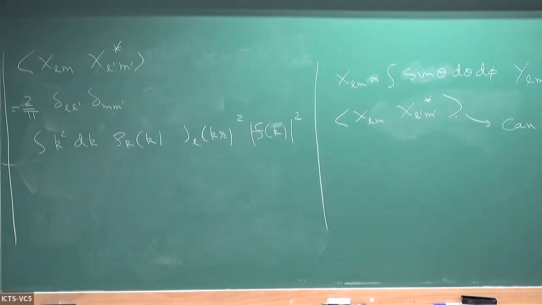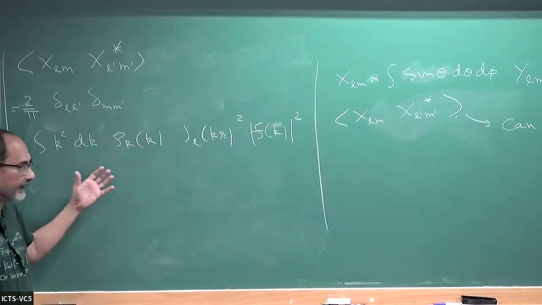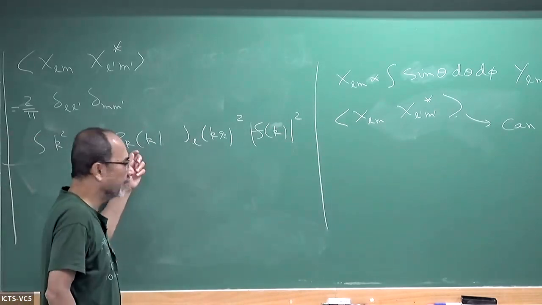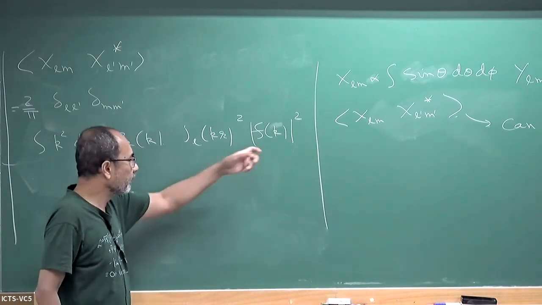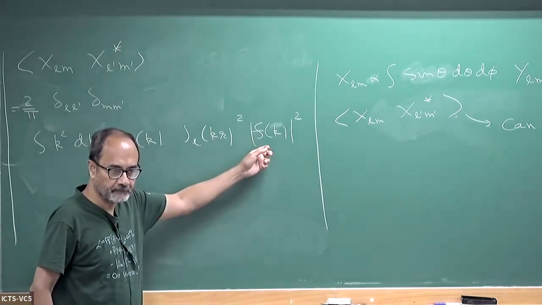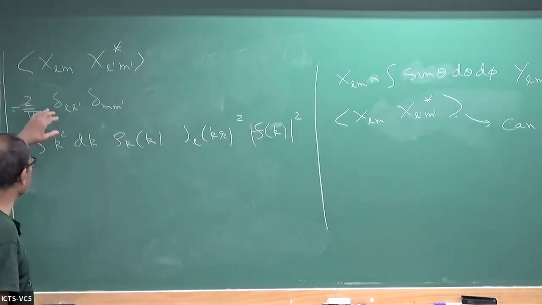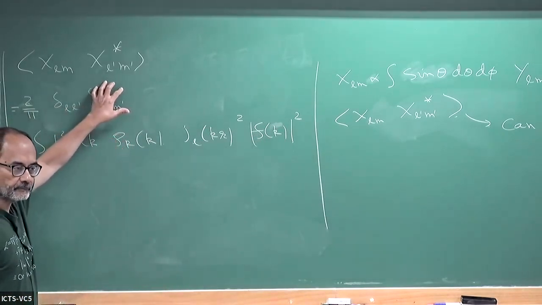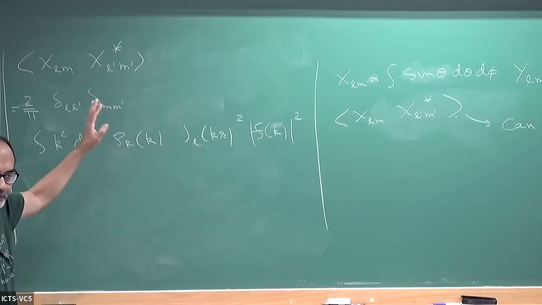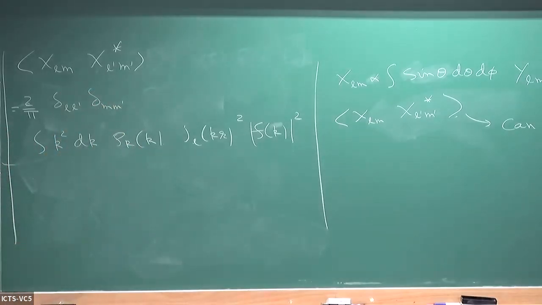So this is the final formula, right? This is what you calculate. Here is what you calculate. This is also something that you have to calculate, depending on what you are interested in. And this is something measured. Okay, and so this is the way you relate the measurement to what we had calculated.